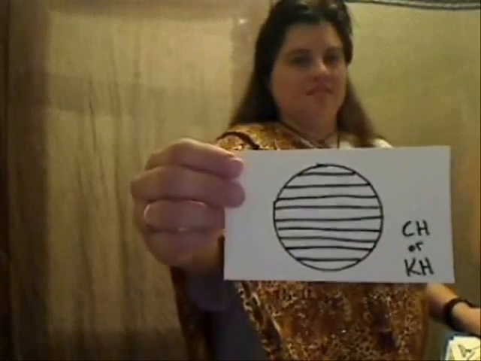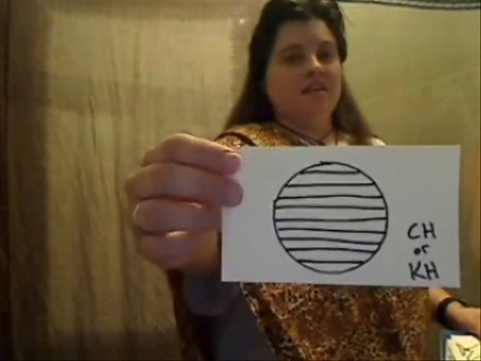Another sound they'll try to compare to the CH in the Scottish loch. It's this little round placenta thing. You'll see it as a CH or KH because it's also in the word Ankh.